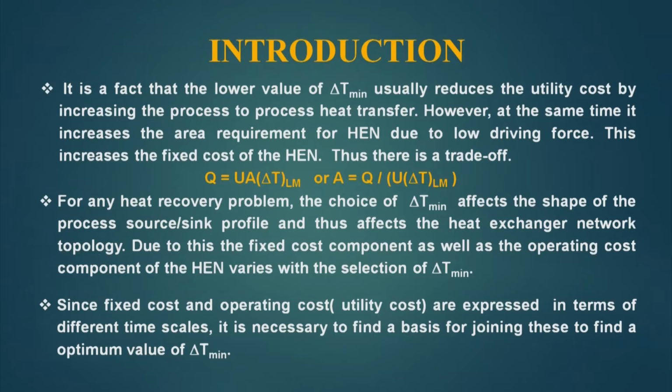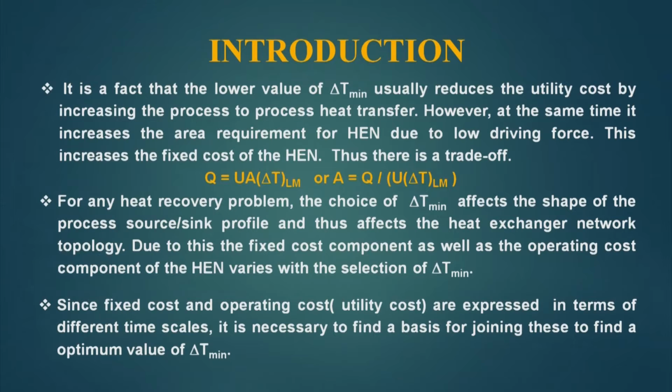This can be known very easily from the equation Q is equal to U A delta T ln, or A is equal to Q divided by U delta T ln. If the log mean temperature difference decreases, the area will increase.